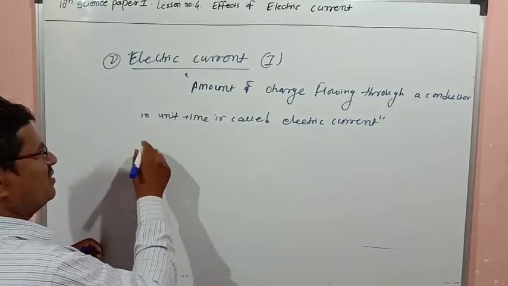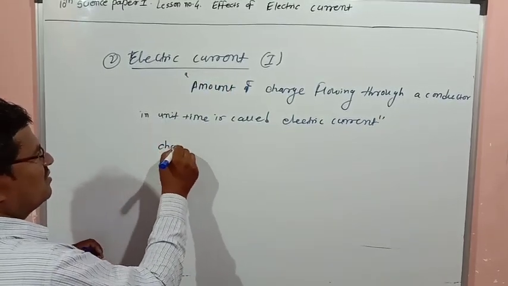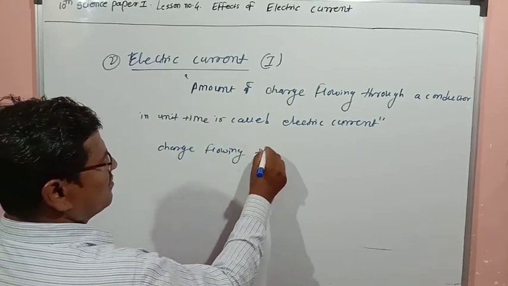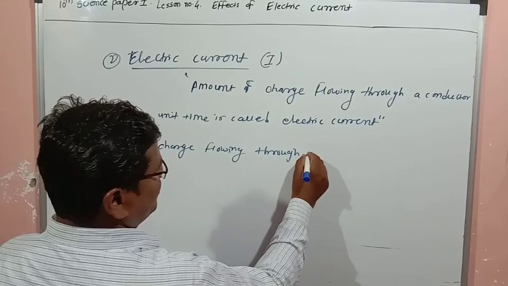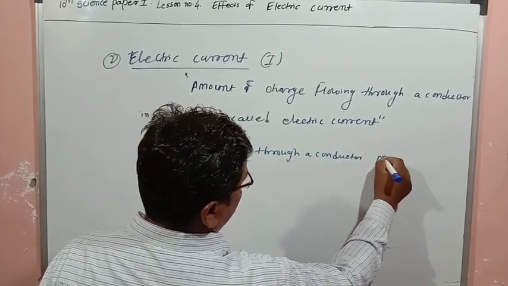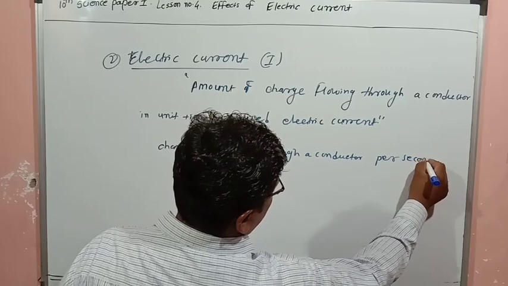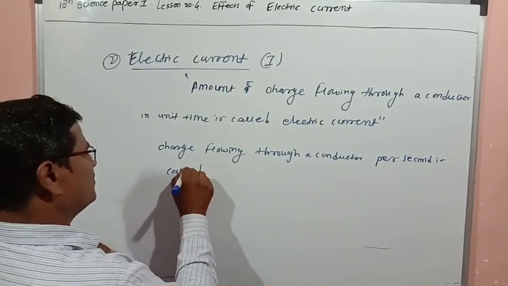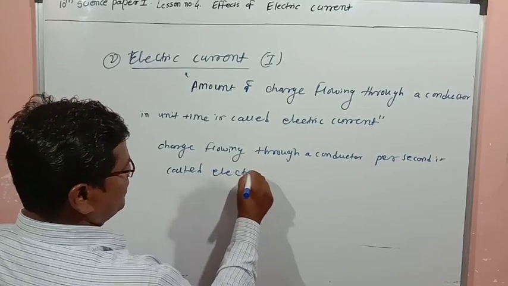Or another definition: charge flowing through a conductor per second is called electric current.